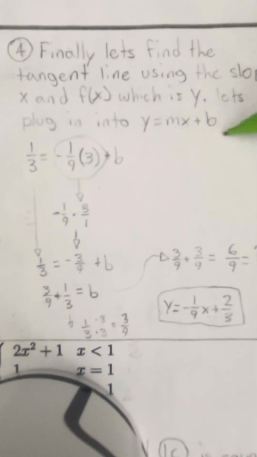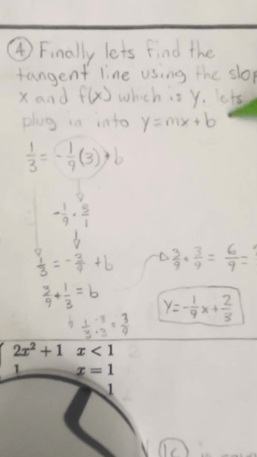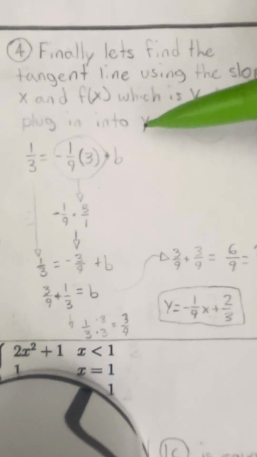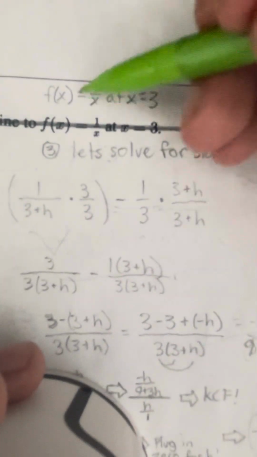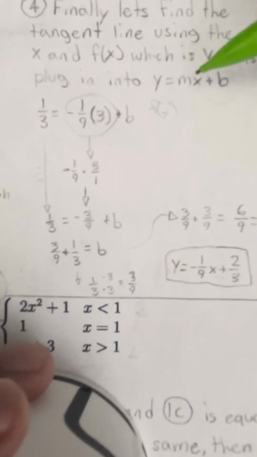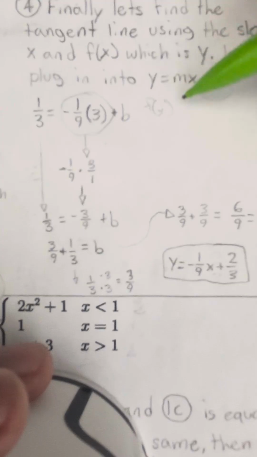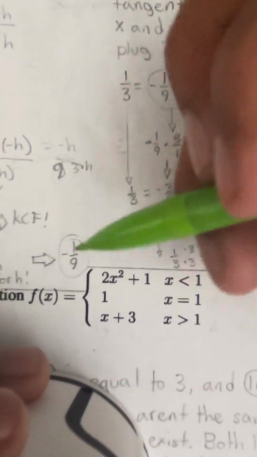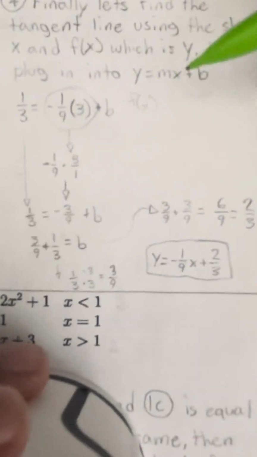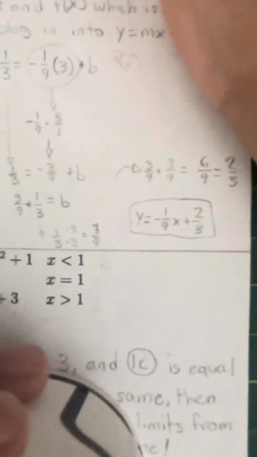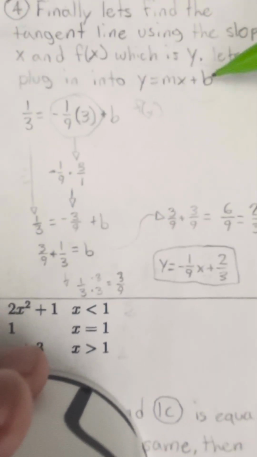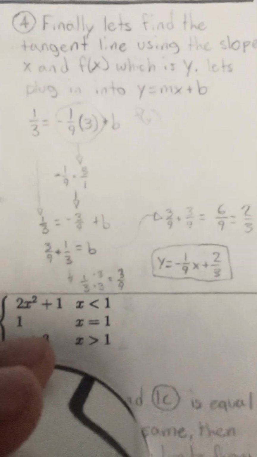What we're missing is b, because we have everything else. y is also f of x, and they gave us f of x right here, right? And m is the slope, which we just found, which was negative 1 over 9. And then x is also given in the problem. x equals 3, right? So all we have to find is b.